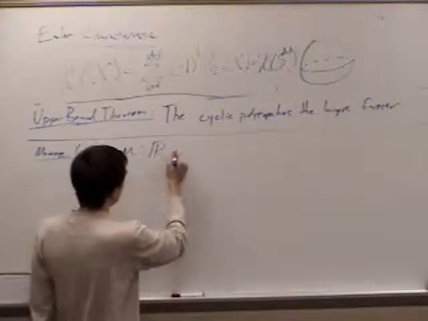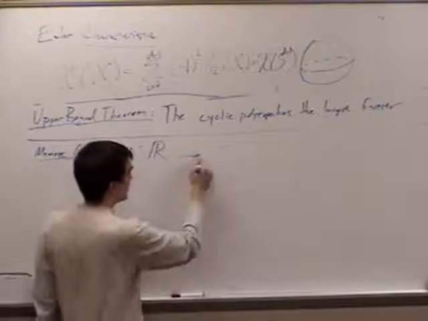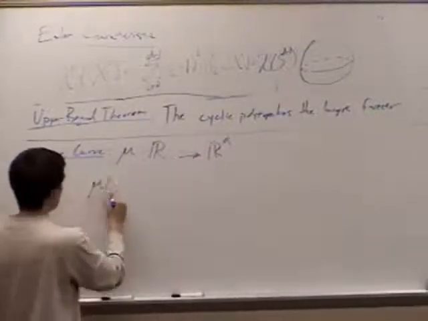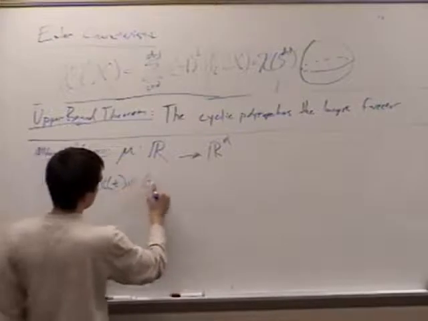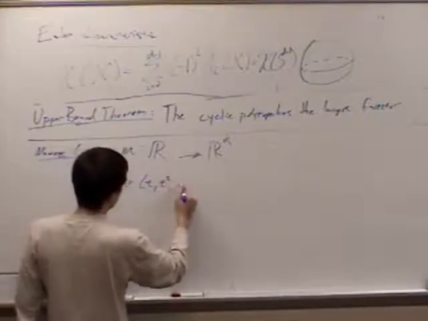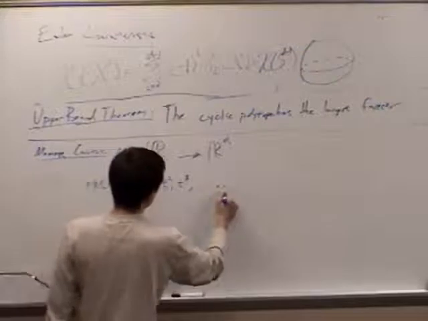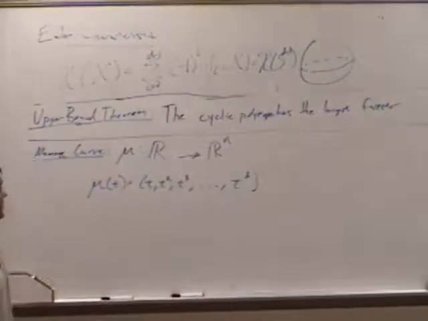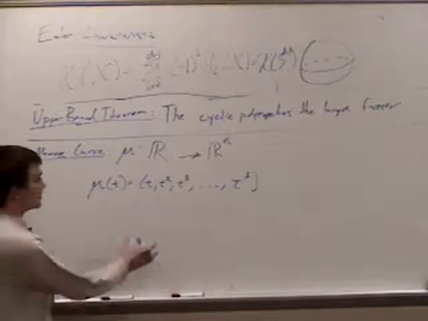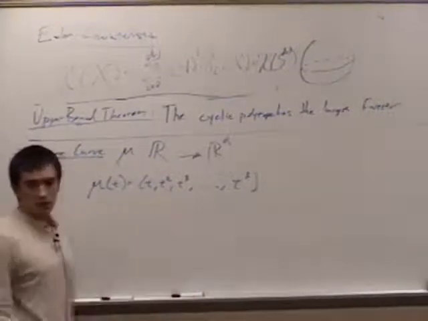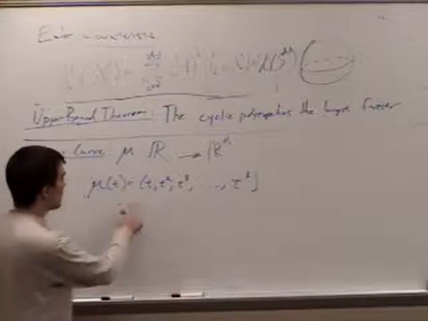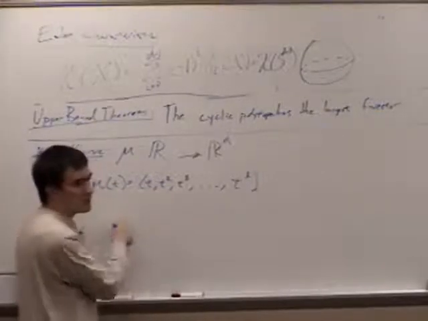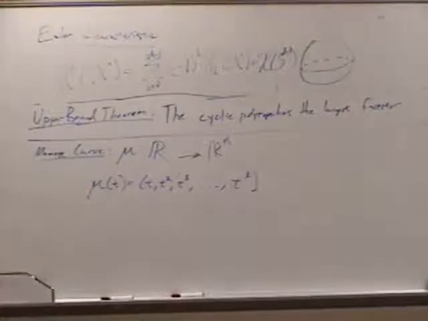It maps points in R to points in R to the d according to the rule that mu of t is equal to t, t squared, t cubed, and so on, all the way up to t to the d. If you've ever taken algebraic geometry, you've probably seen variations of this, where if you've had to work through the exercises in Hartshorne, they usually spend a lot of time on the twisted cubic curve, which is actually just the moment curve in the first three variables.